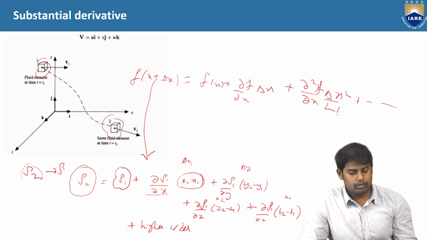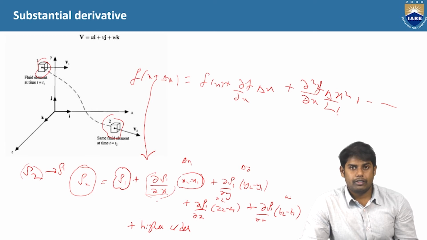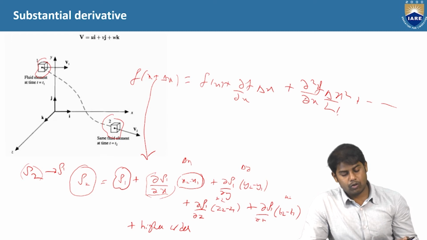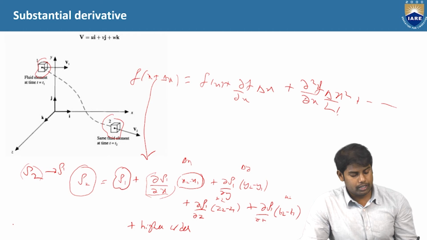Here you can see the value of density at the next point is written as ρ1 and the spatial derivatives and the time derivatives. So let's see how we will change this to our substantial derivative.